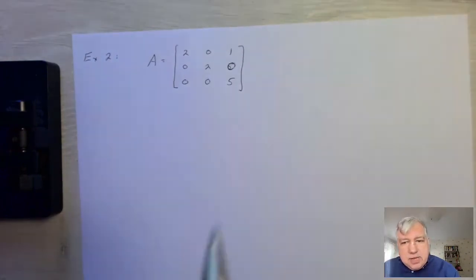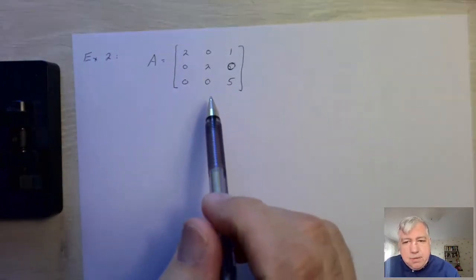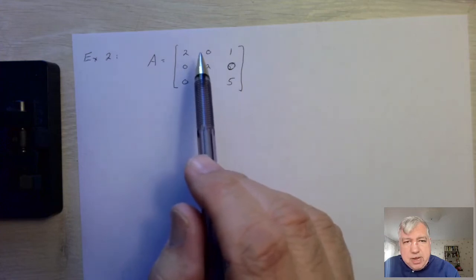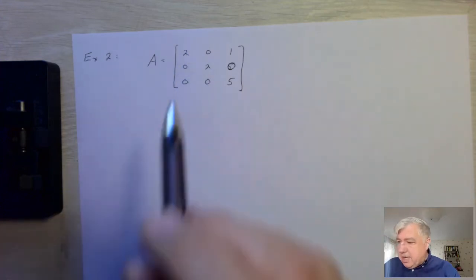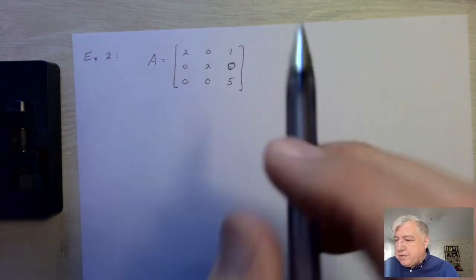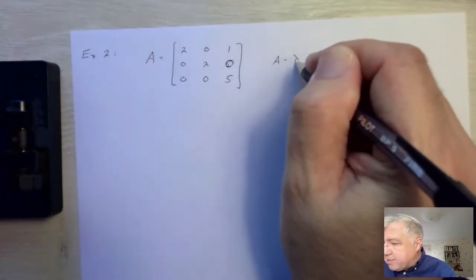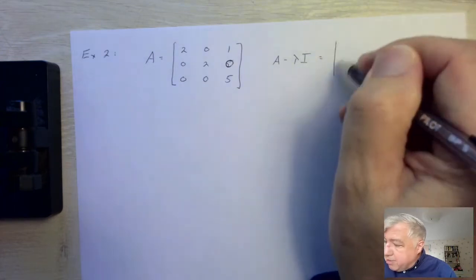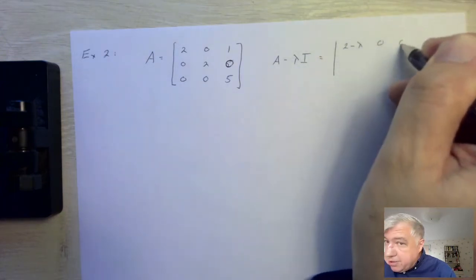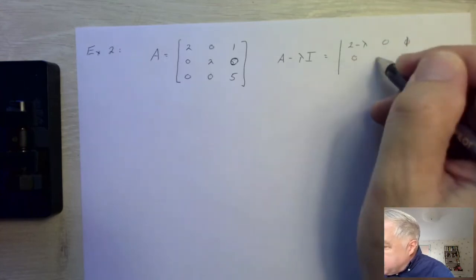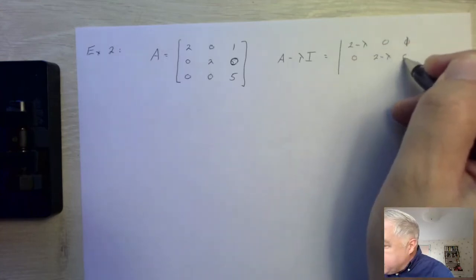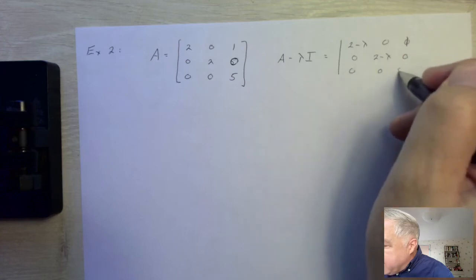We said last time that the determinant of an upper triangular matrix can be found just by multiplying the diagonal elements. We want to find the determinant of A minus lambda I. So this will be 2 minus lambda, 0, 1; 0, 2 minus lambda, 0; and then 0, 0, 5 minus lambda.